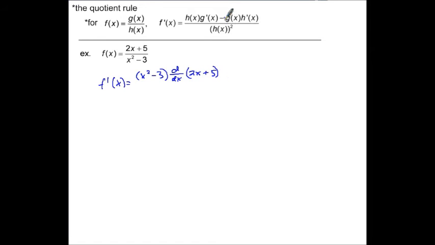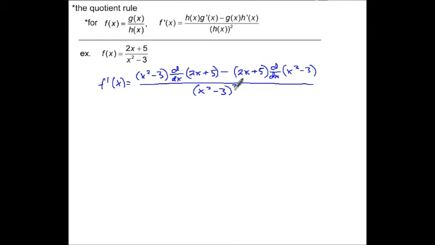Now I got a minus sign for this, and now again I want the g, which is the numerator, so in this case, there's your 2x plus 5, and now I want the derivative of the bottom, and that's an x squared minus 3. I'm going to put that all on top of my denominator squared, so x squared minus 3 squared.